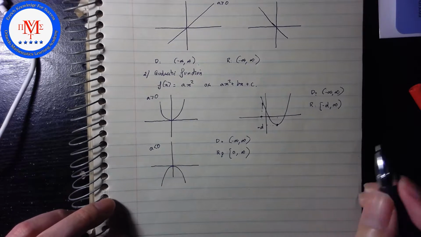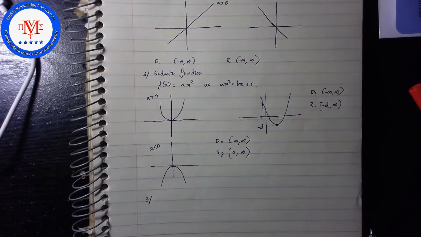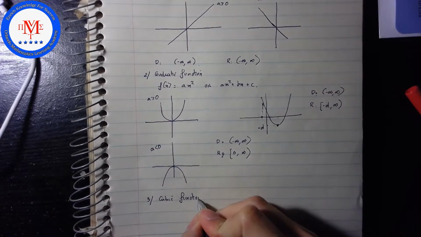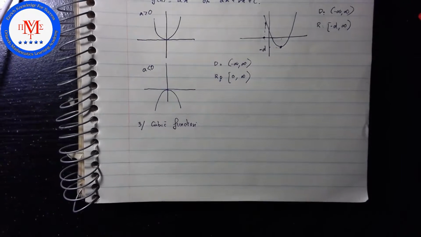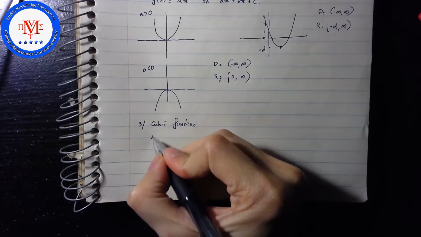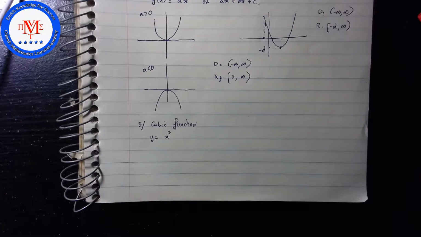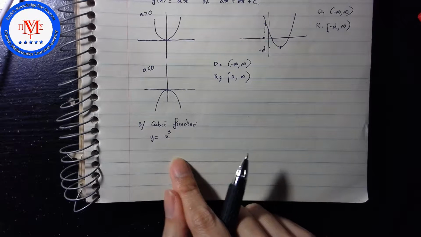And the third function I want to introduce is the cubic function. The cubic function has the form y = x to the third power. This is a very basic form of the cubic function. Of course, there is a full standard form of the cubic function, but I don't want to mention that at this moment yet.